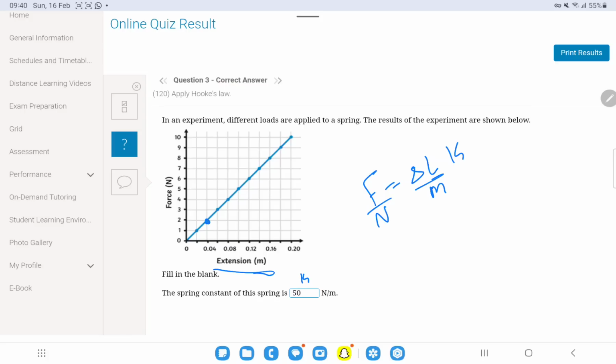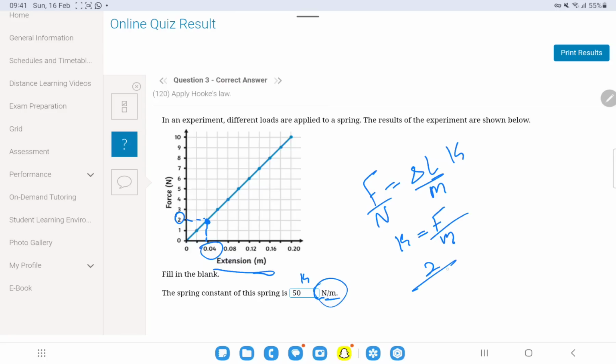Here we have this point when the force is 2 newtons and the extension is 0.04 meters. And we want K equals F over delta L. If you don't remember the equation, they gave you the unit here, newtons per meter, so you can just divide the newtons over the meters.